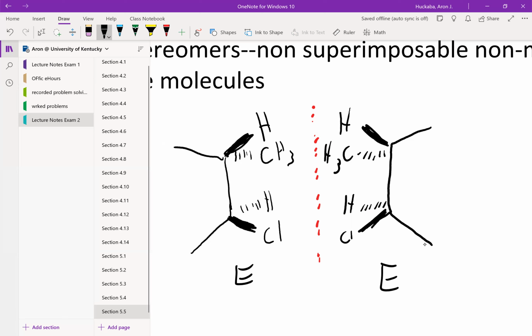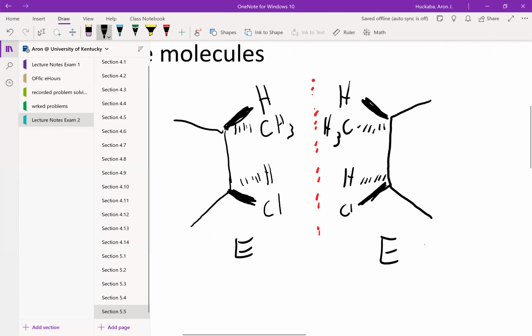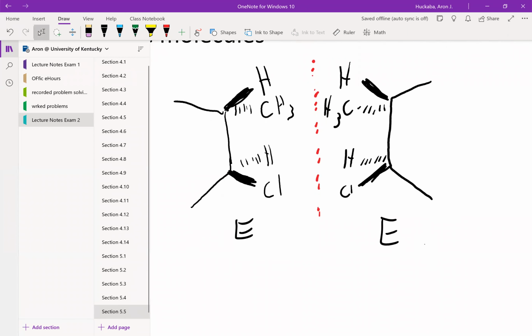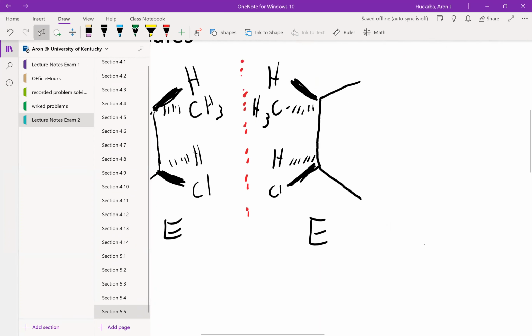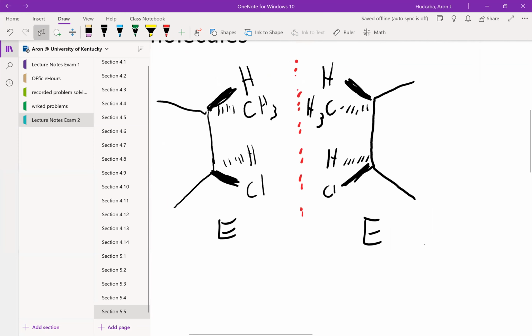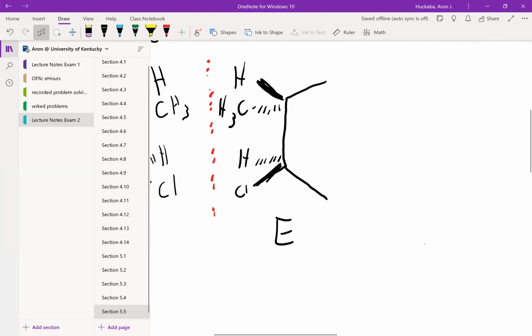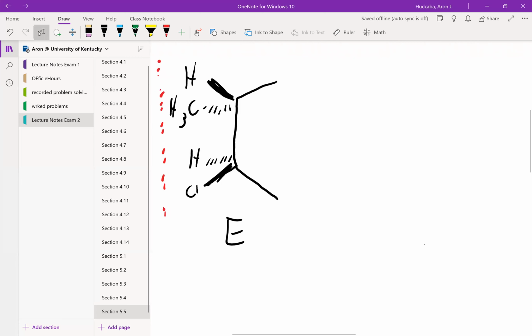Okay, non-superimposable, non-mirror images. All right, so then let's draw the same molecule. Let's start from the one we just drew, the second enantiomer.